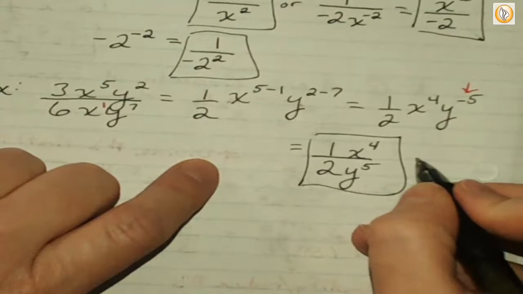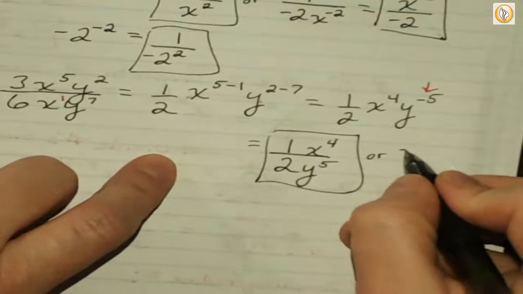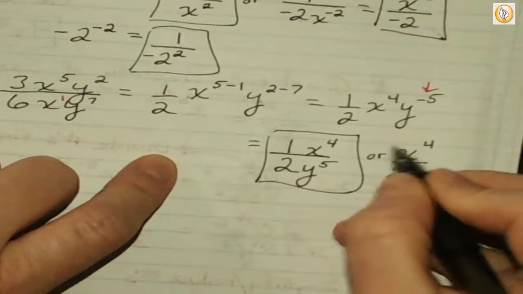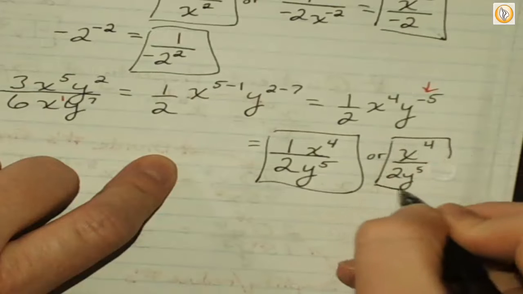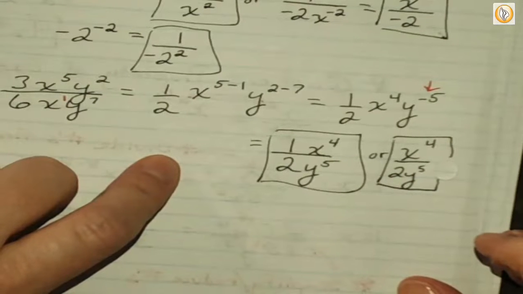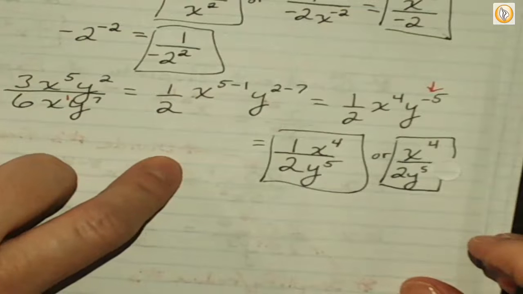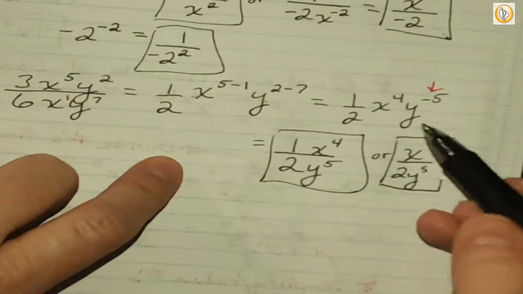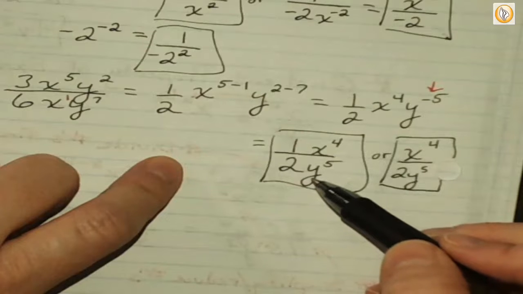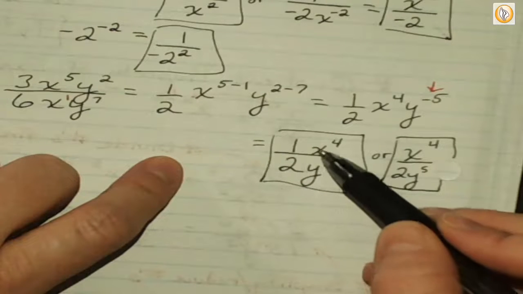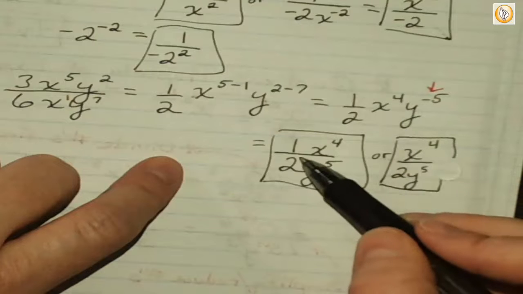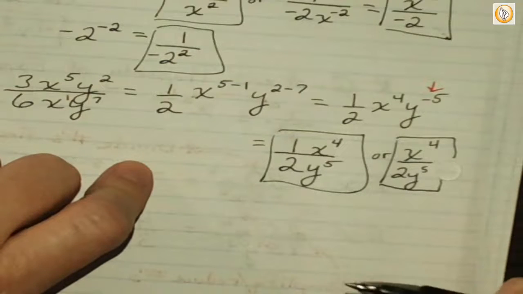Or you could even say x to the 4th over 2y to the 5th. You better ask questions if you do not understand what he just did. So this is a negative exponent. All he did was bring it down below to make it positive. The x stays right there on top with the 1. Any questions?